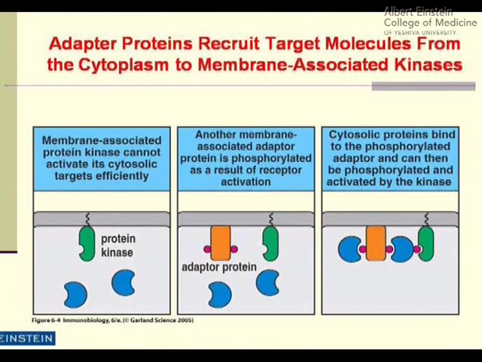It's too far apart. How would you allow these kinases to act on the substrate? You'd want to have what's called an adaptor protein. The adaptor protein has, in this case, phosphorylated regions that are going to specifically bind to these substrates. It now recruits the substrates near the membrane, adjacent to the kinase, and now the kinase can phosphorylate them.